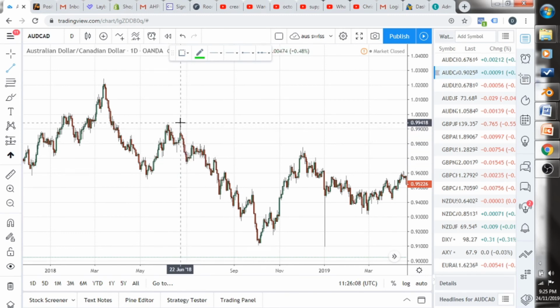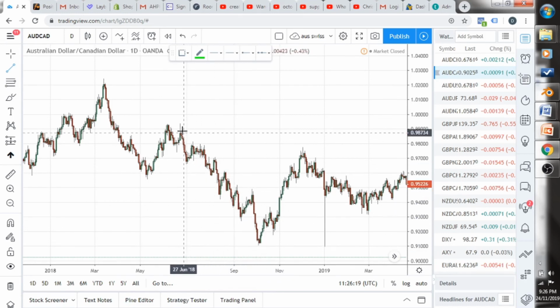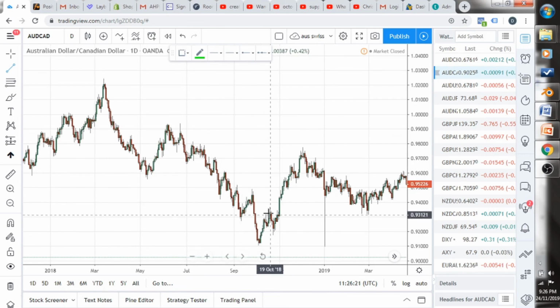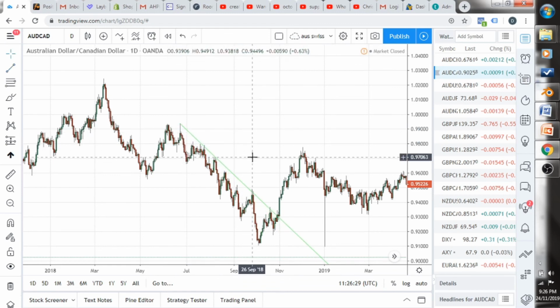So you can see there, you've got the high, lower low, lower high, lower low, lower high, lower low, and it's created that zigzag pattern on the way down. So we'll start from here where it starts that downtrend. You just want to click on the top of that wick of that candle there, and connect a few of these points.